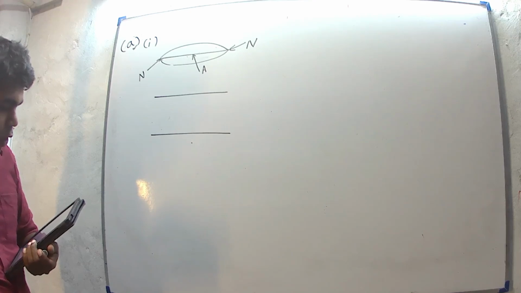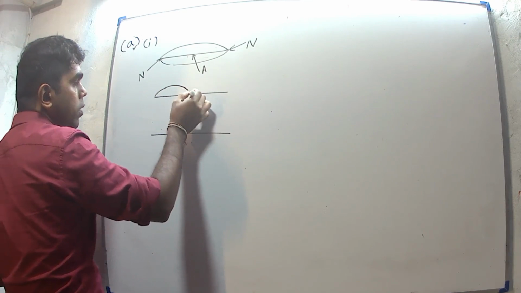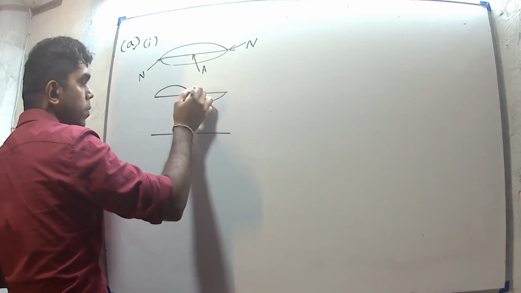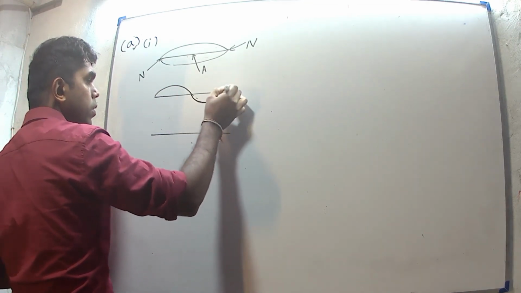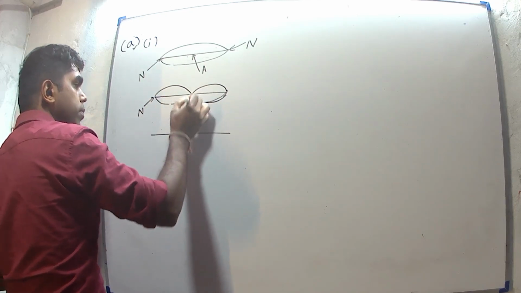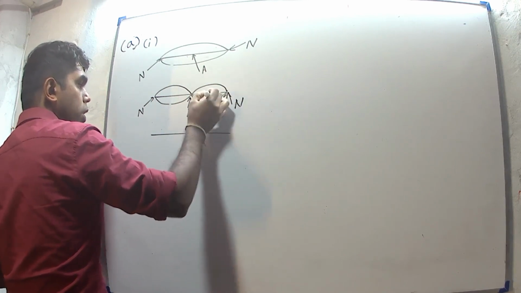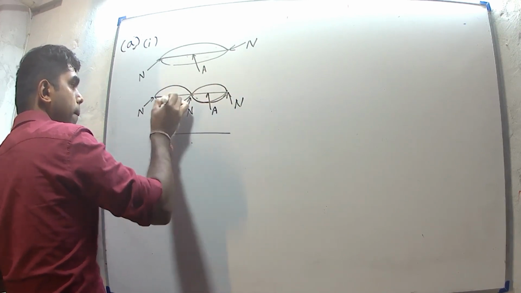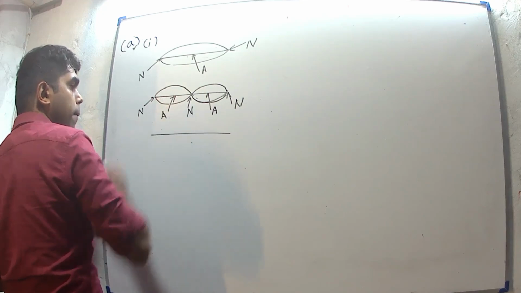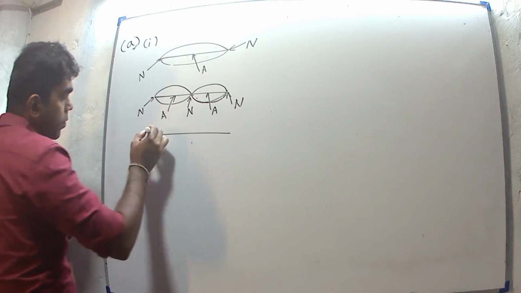Then at the first overtone, there are two loops. Node, antinode. Then in the second overtone, there are three loops.